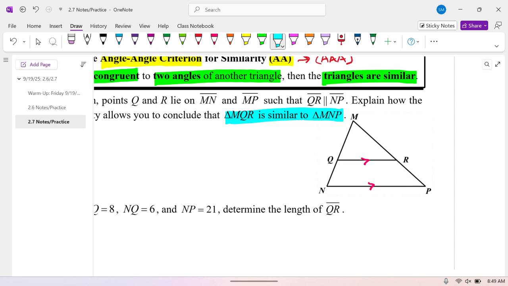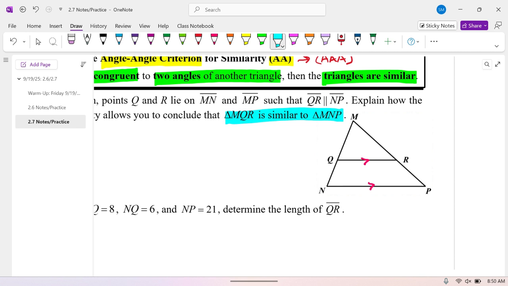Not midpoint. Not vertical angles. Say it again. Corresponding angles. So in other words, angles formed by parallel lines cut by a transversal.